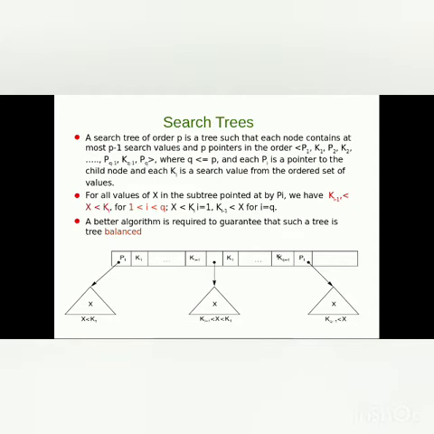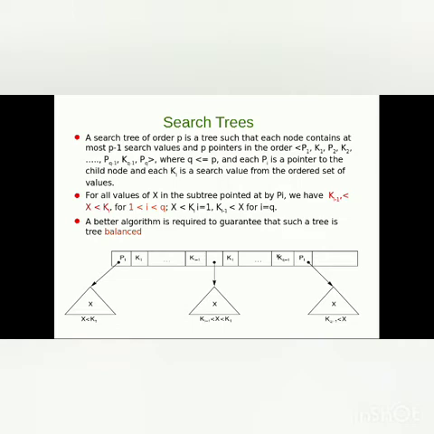We will be discussing search trees first. Before going to the exact B plus tree or B tree, first we will discuss search trees in general. A search tree of order p is a tree in which each node contains at most p minus 1 search values and p pointers in the order p1 k1 p2 k2 up to pq minus 1 kq minus 1 and pq.